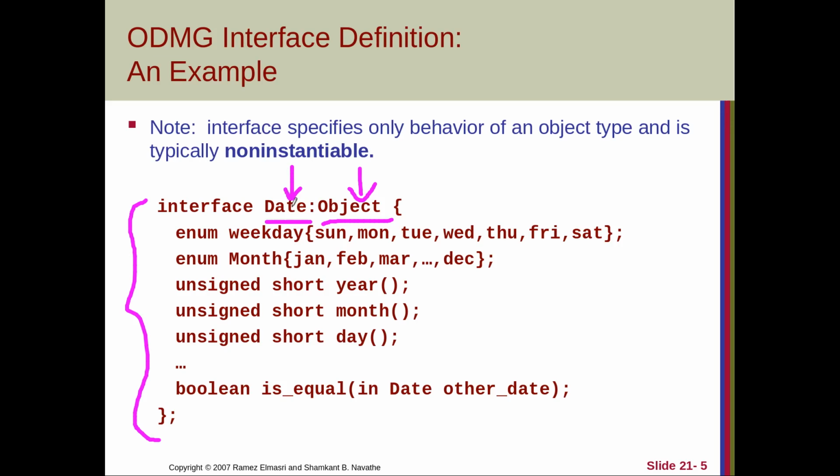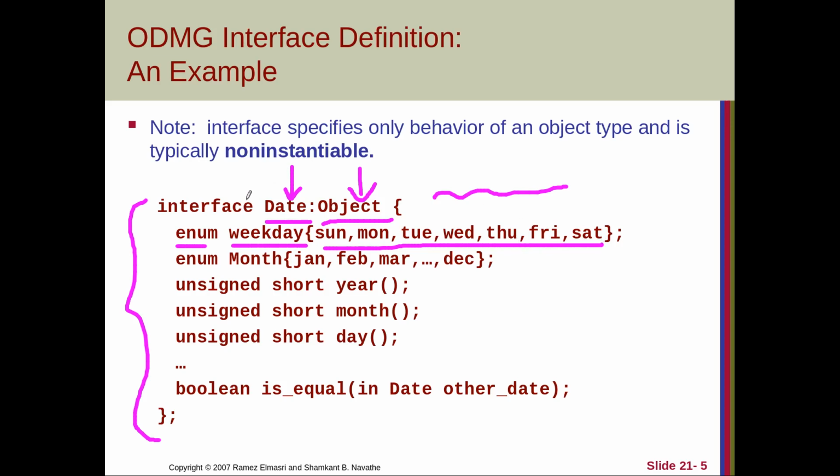So interface date is of type object. Object means it is further complex, and further elements are available. What are those elements? First, we define an enumeration, that is weekday. One user defined data type is created, weekday, for specifying the different weekdays.